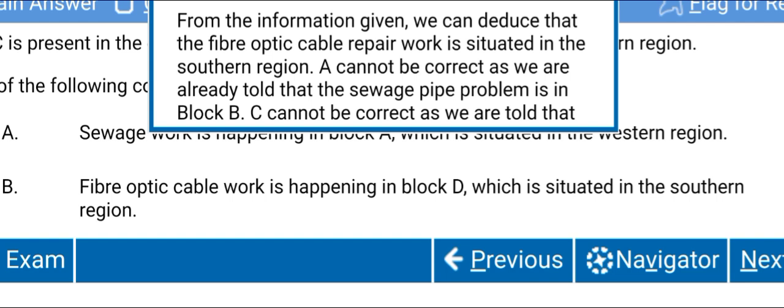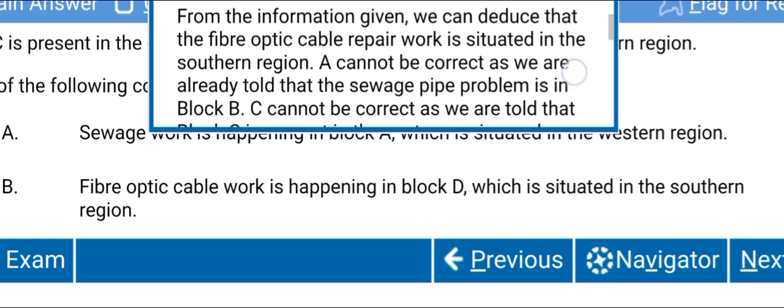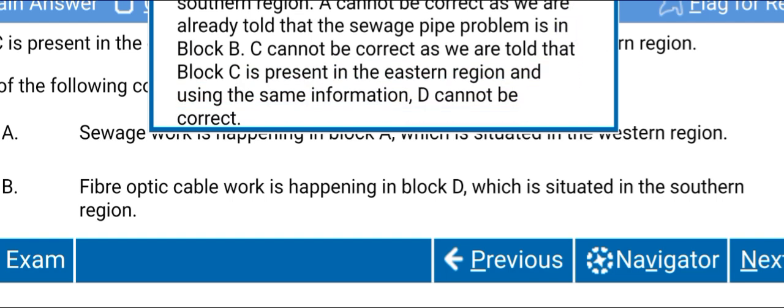A cannot be correct, as we are already told that the sewage pipe problem is in Block B. C cannot be correct, as we are told that Block C is present in the eastern region, and using the same information, D cannot be correct.